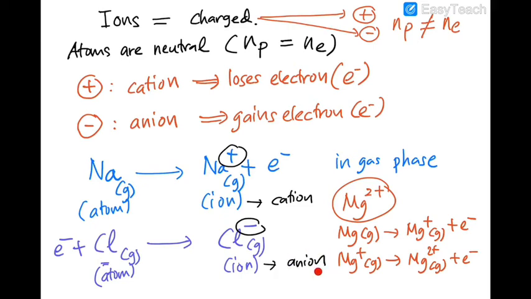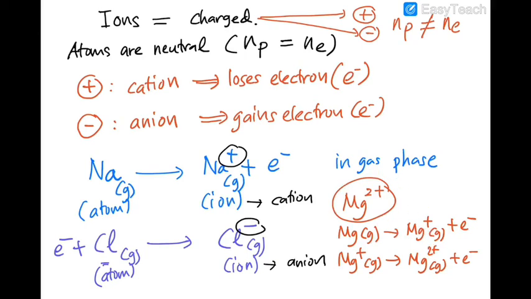So you can also have more than just one gaining of electron. It can also be a multiply charged anion. But in this case, it will highly depend on the type of the atom. Some atoms will have the tendency to release only one electron, like sodium. But for a different atom like magnesium, the tendency is to release 2 electrons like this.